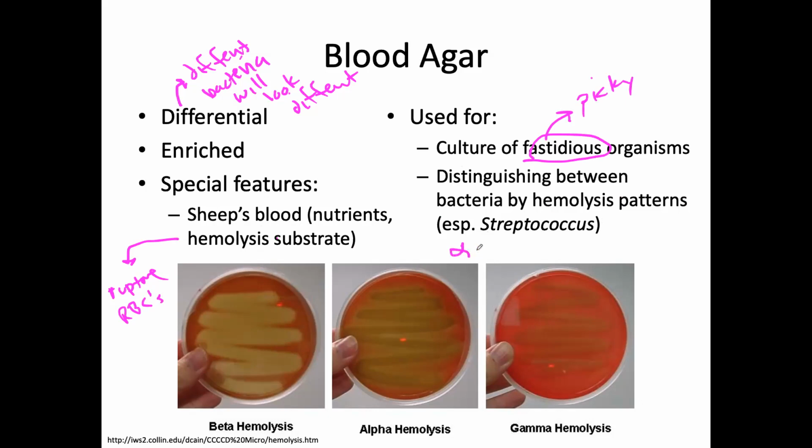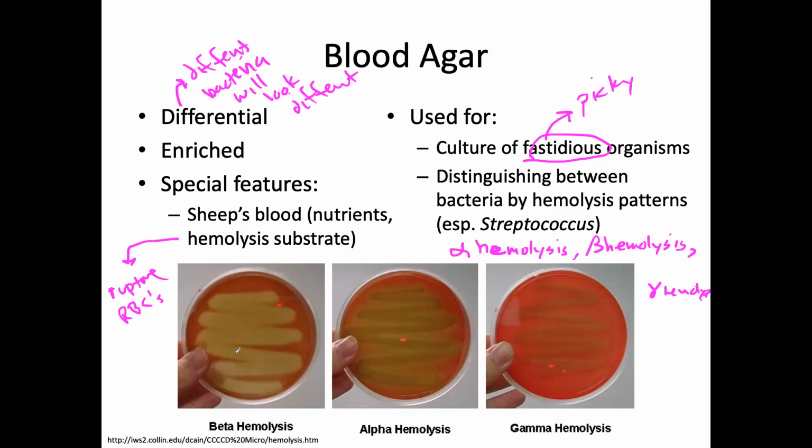And we can use it to distinguish between different types of hemolysis patterns. There's alpha hemolysis, beta hemolysis, and gamma hemolysis. Depending on what type, you either have a pathogen or you don't.